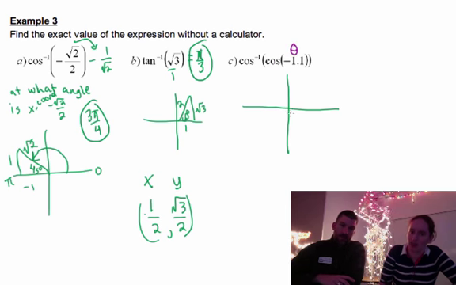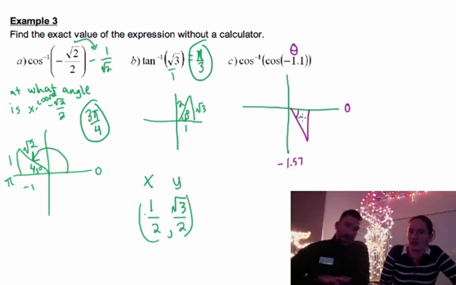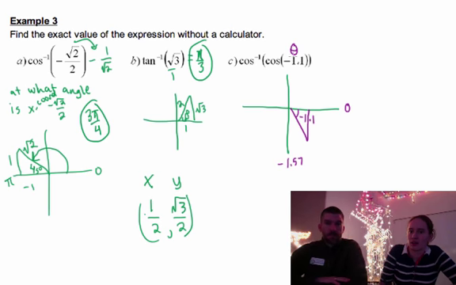We're finding cosine of the angle negative 1.1, which means if we think about this, this is 0, this is negative pi over 2, which is about negative 1.57. And so we're in between there. We're talking about an angle here. Okay, this is negative 1.1. Now, if this angle had been between 0 and 3.14, these would cancel each other out, and that would be our answer.